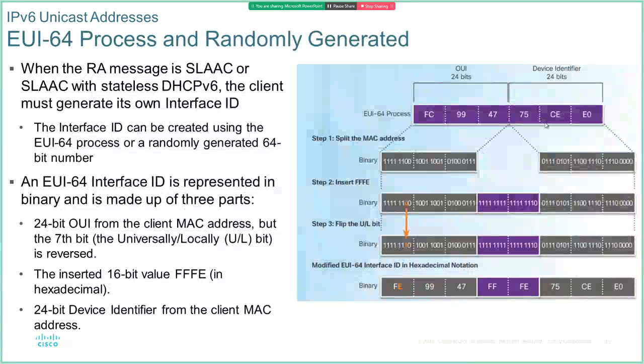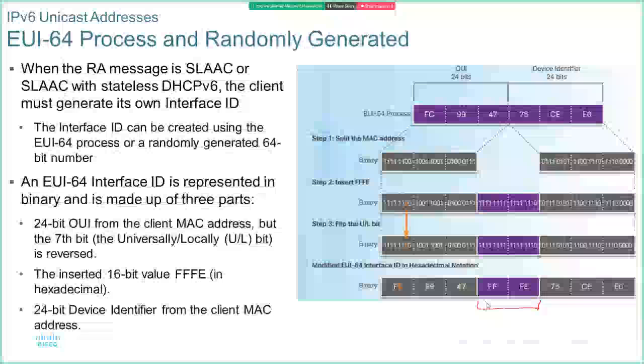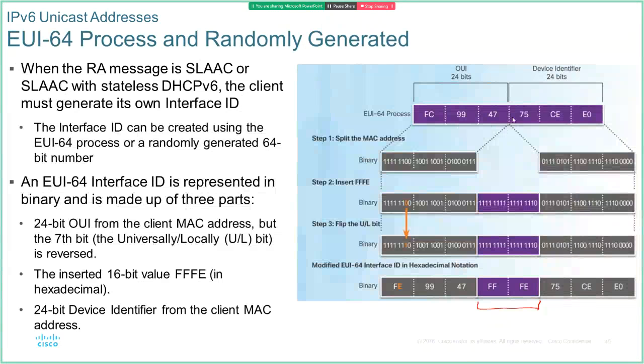So the 48 bits of the MAC address is used, and in the center where we would split it, because this is a natural boundary between the vendor and the individual network card address, we have the ability to quickly insert another 16 bits into there to take it up to 64 bits.